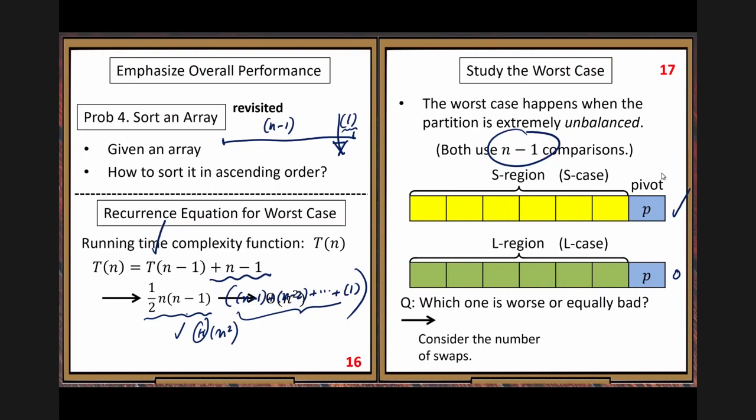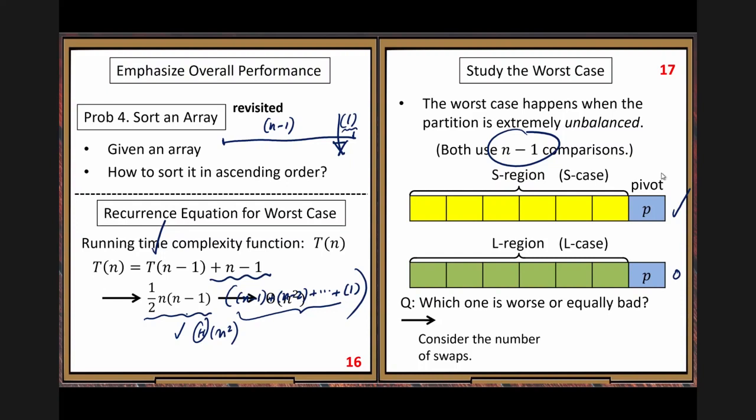Every time you do a split, that 1 and n-1 split has a very small probability. The first time it is already small, the second time even smaller, and you need to accumulate. So the final overall probability for this worst case to happen is extremely small.